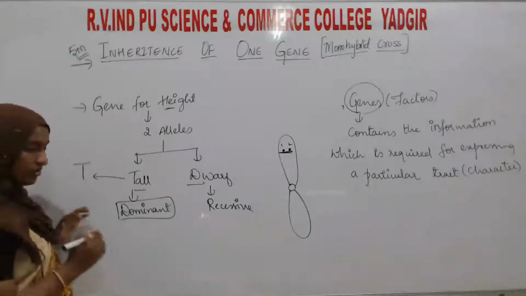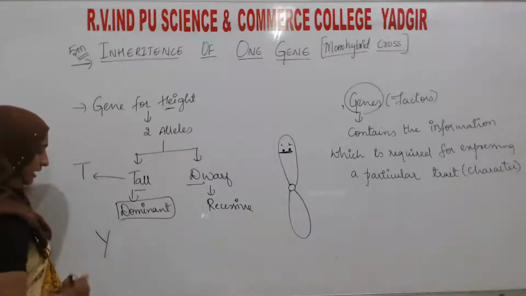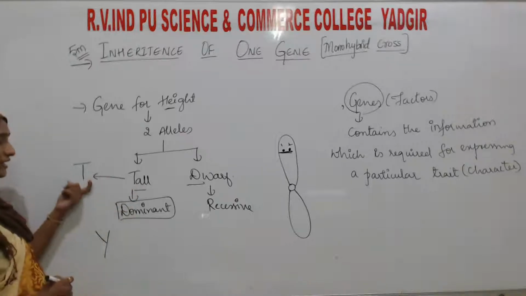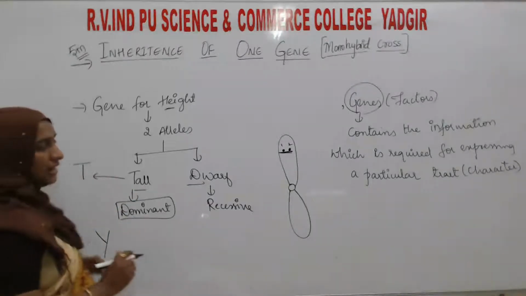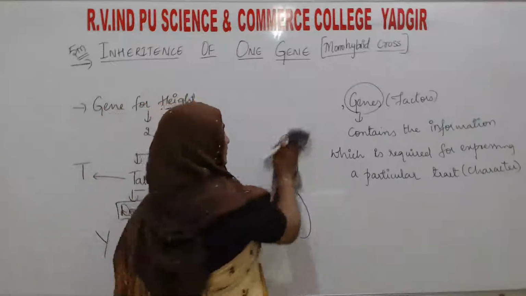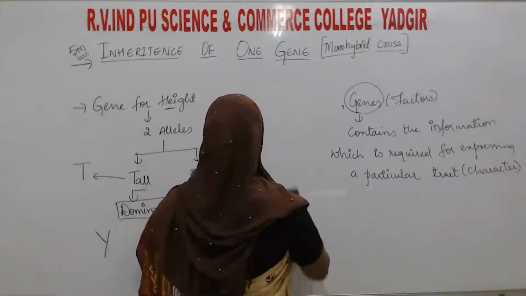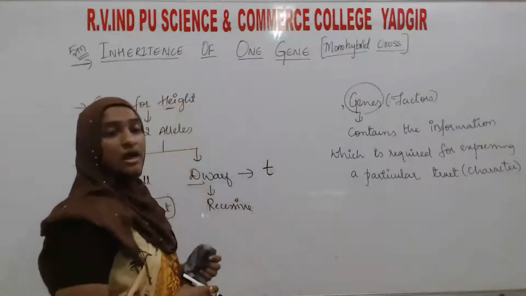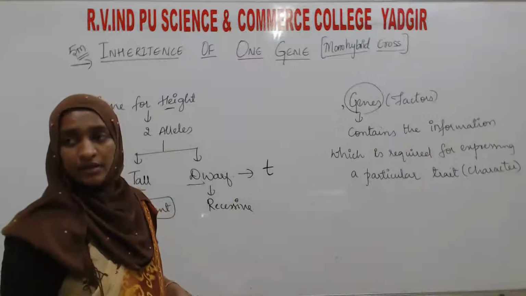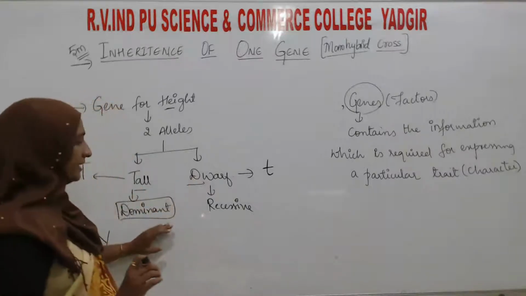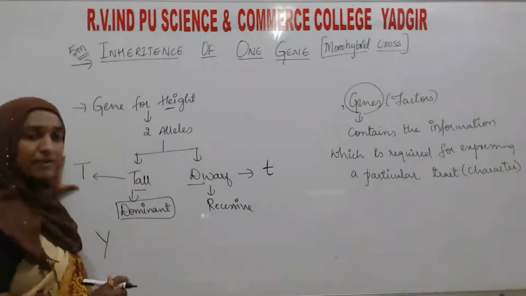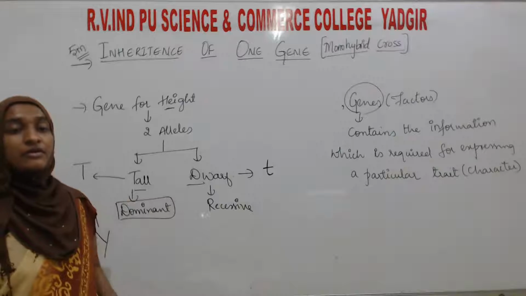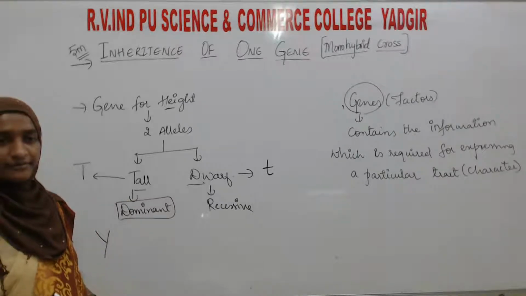If you write yellow as an allele, you write capital Y. So tall can be represented by capital T, and dwarf by small t. Always the dominant character is written in a capital letter and the recessive character in a small letter.